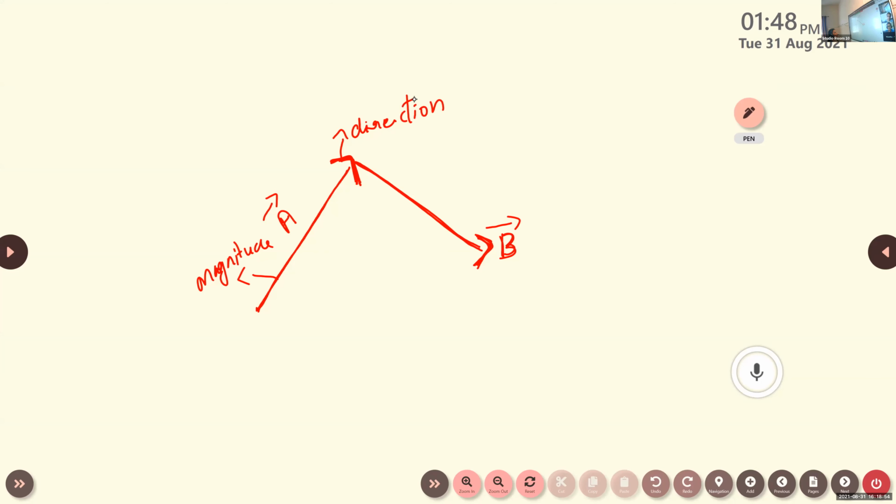So according to the triangle law, what are the two vectors that we are considering here? Yes, it is vector A and vector B with a magnitude and a direction. They represent the two adjacent sides of a triangle.